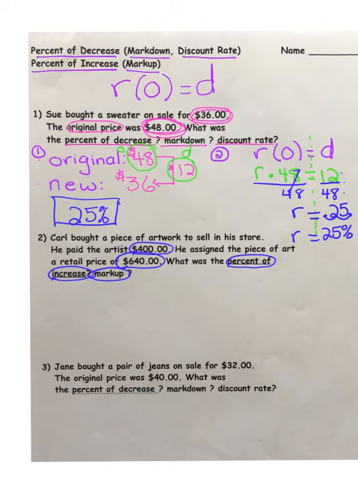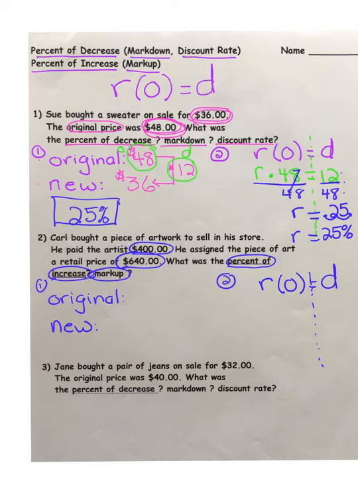Well, it works the same way. Remember, set up your page with the original price and the new price. $400 occurred first. It's what he paid the artist. And then he marked it up to $640.